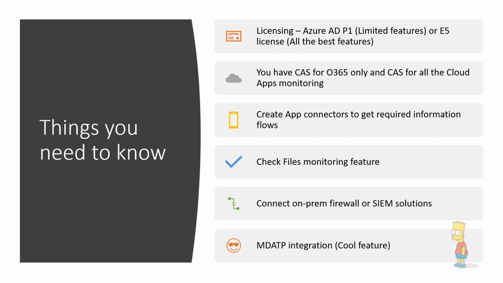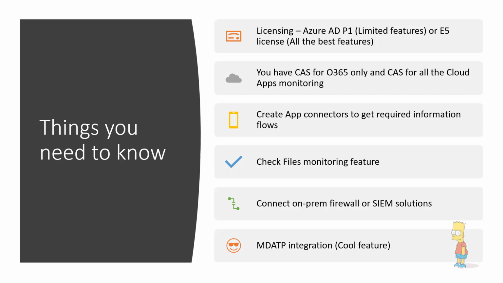But again, technology keeps moving, and the way we are working keeps innovating, and especially with the COVID situation, now most of the users are working from home. So sometimes getting the firewall logs will not make any sense for you. In this situation, this is where MDATP integration comes into the picture. MDATP stands for Microsoft Defender Advanced Threat Protection.